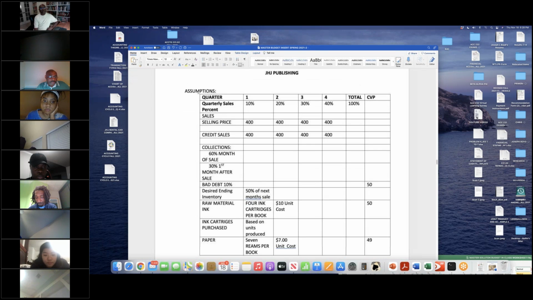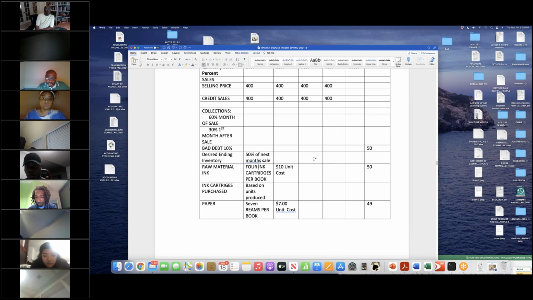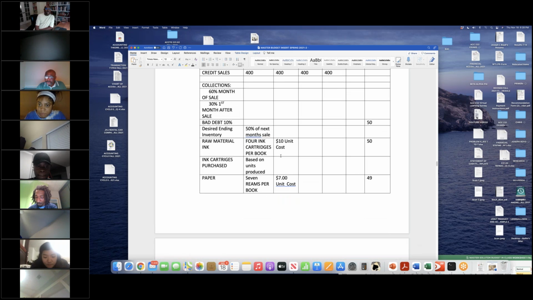Okay, so make your selling price 400. We'll keep these percentages. You're collecting 60% in the month of sale and 30% the month after sale. For the raw materials, let's use 4 ink cartridges and 2 reams of paper.